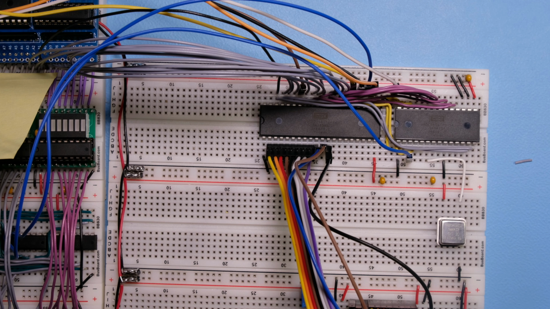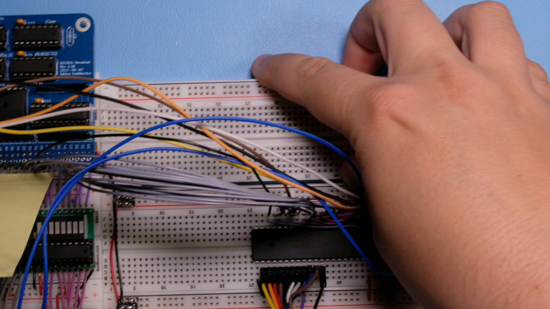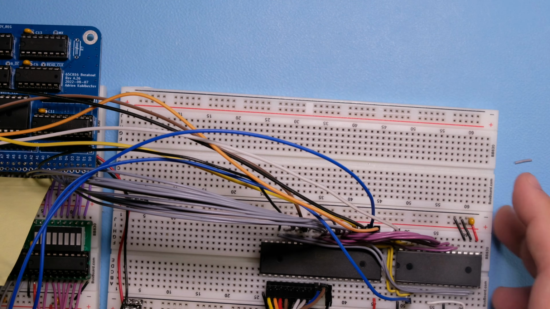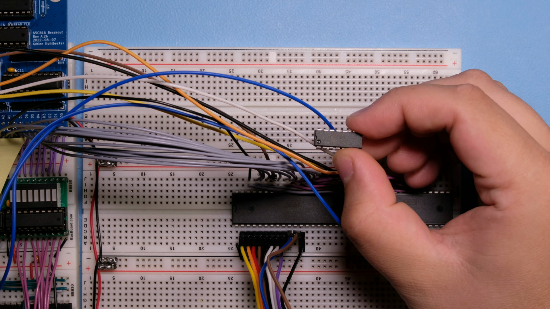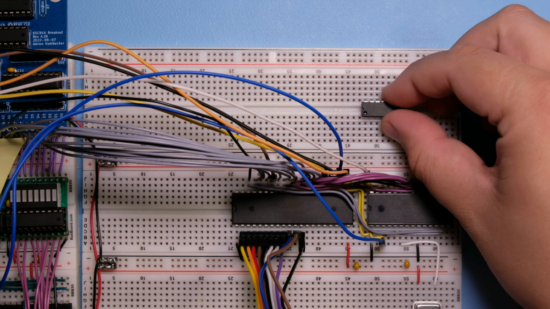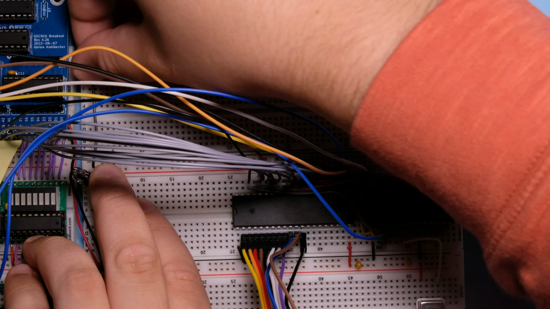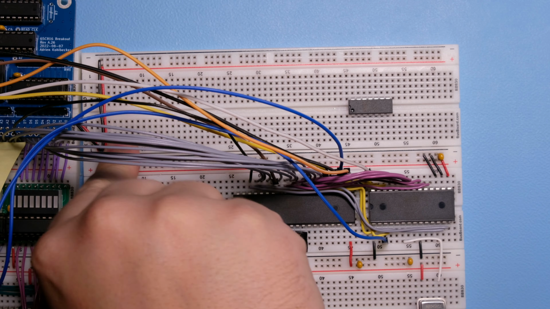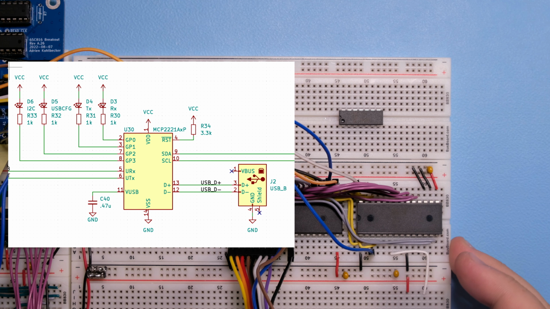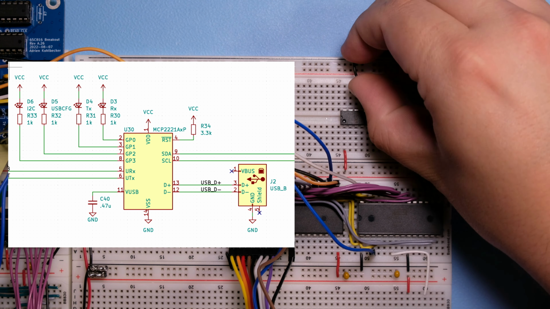Alright, so for the USB side, I will add a breadboard at the top here. I have here the MCP2221A, and I will put it here. Of course, we need to connect power to the breadboard. So this needs power on pin 1 and ground on pin 14.